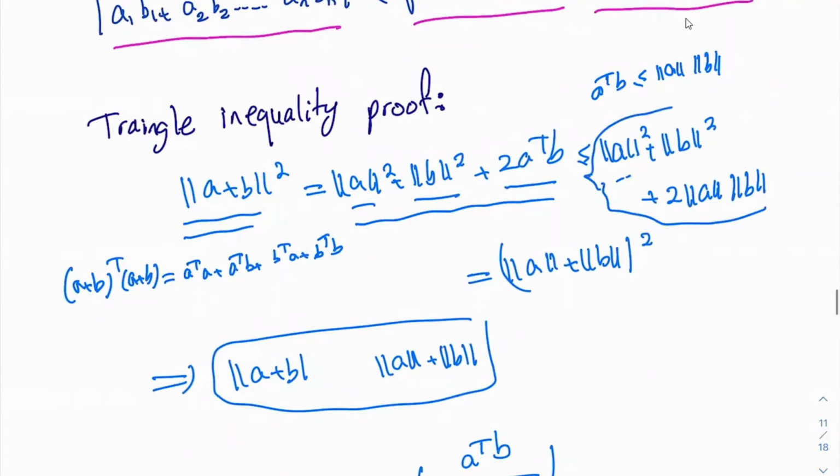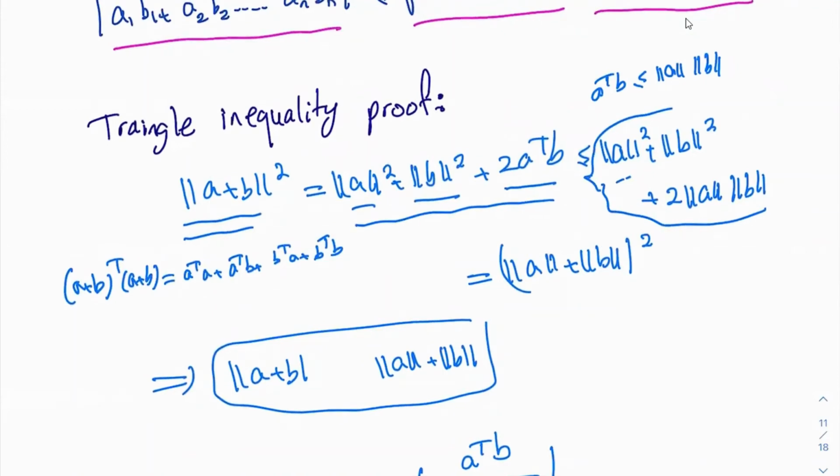This is nothing but norm of A plus norm of B squared. So norm of A plus B squared is less than or equal to norm of A plus norm of B squared. Take a square root from both sides, you get this one. This is another proof for the triangular inequality based on Cauchy-Schwarz. Okay, good.